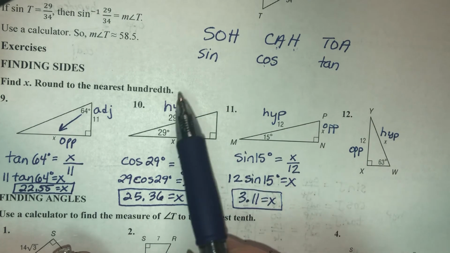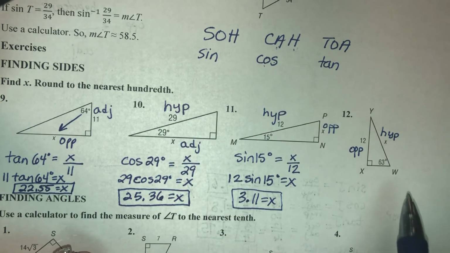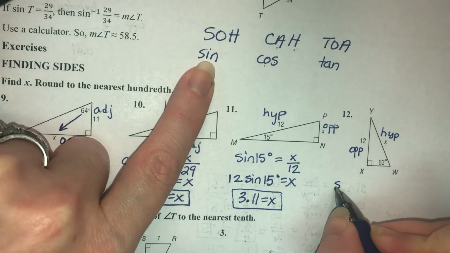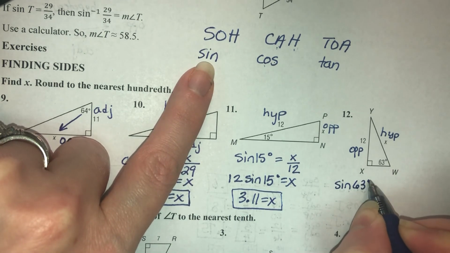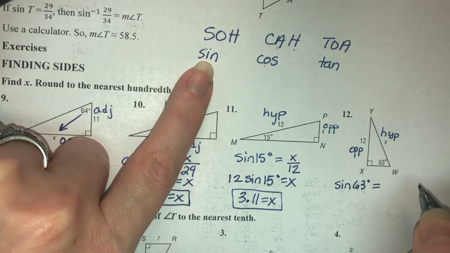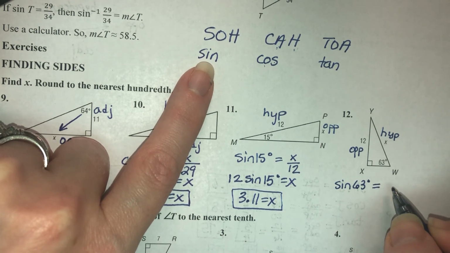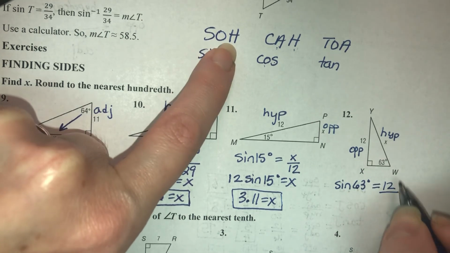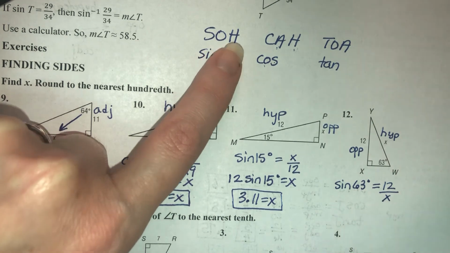And which trig function, sine, cosine, or tangent, uses the o and the h? That's your sine. Sine of 63 degrees, the angle always goes after the trig function, equals the opposite side, which is 12, over the hypotenuse, which is x.